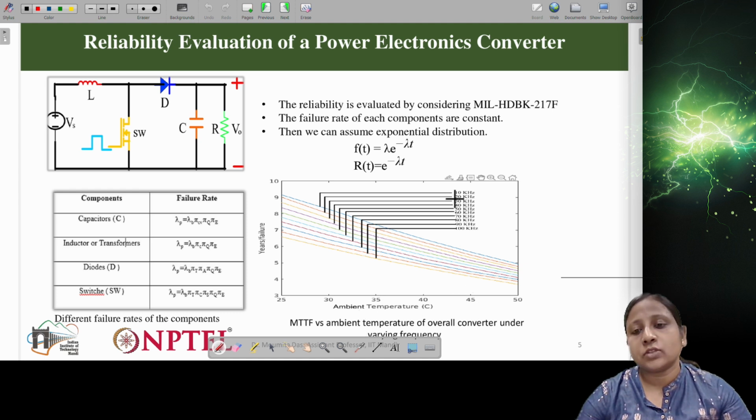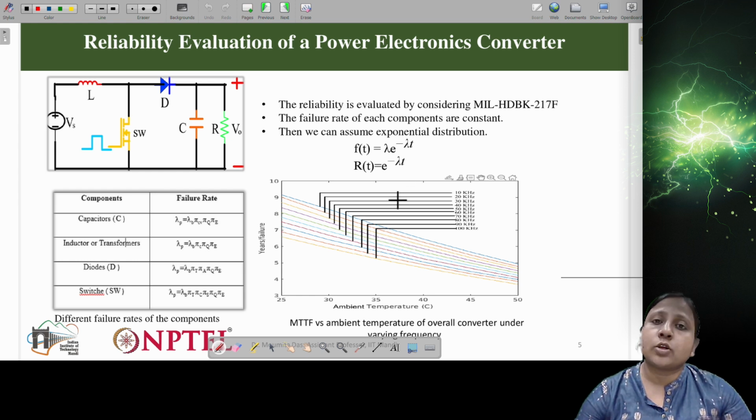As you can see here, as the frequency is increasing, the failure rate is much higher, meaning the years it will be able to sustain properly are much less than at lower frequency operation.